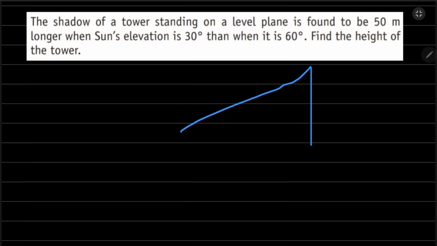Let this be the shadow of the tower at the beginning, and then the shadow is found to be 50 meters longer when the sun's elevation is 30 degrees than when it is 60 degrees. So initially this is 60 degrees, the initial angle of elevation.